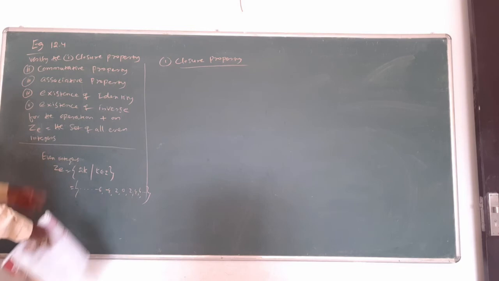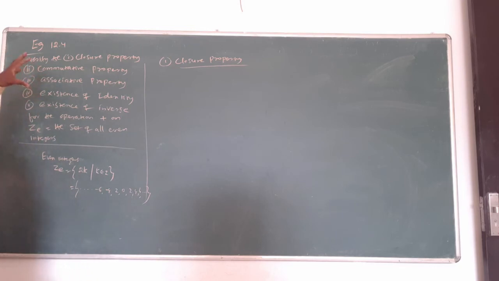Exercise 12.4 example problem. Verify the closure property, commutative property, associative property, identity property, inverse property for the operation plus on ZE. ZE represents the set of even integers. Even integer is what? The set of 2k, multiple of 2, where k belongs to Z. What are the numbers?